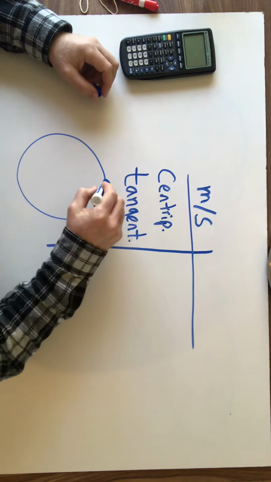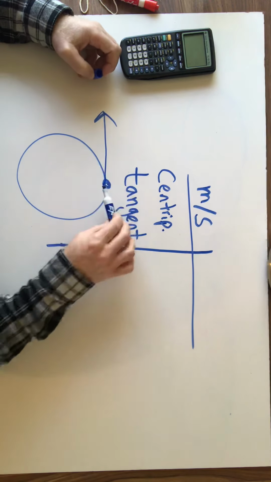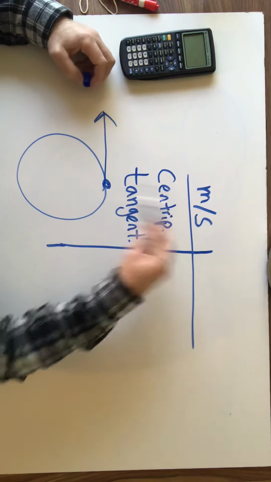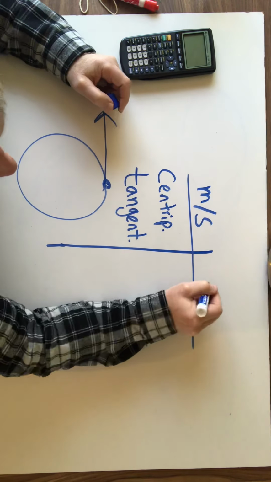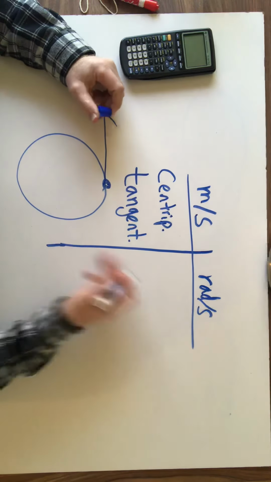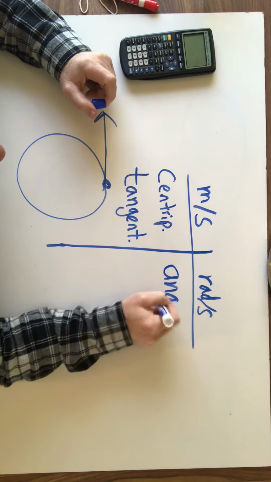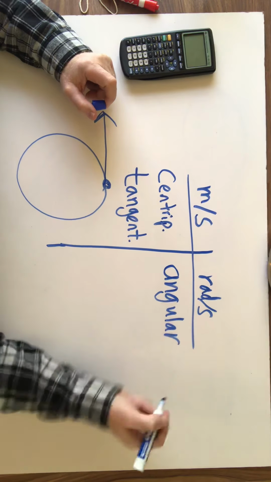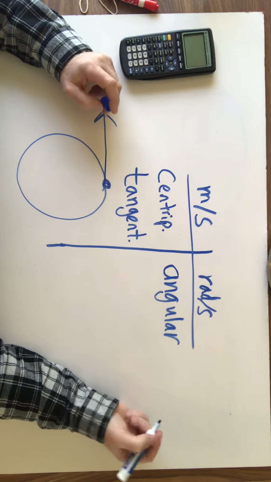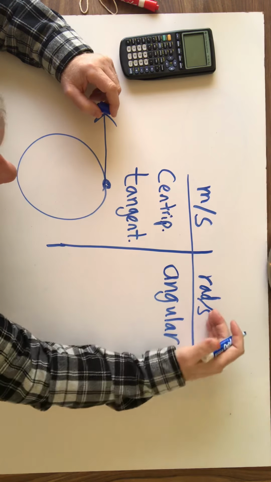Centripetal acceleration is in meters per second squared. Tangent velocity, that's how fast an object is going at an instant of time when it's going around a circle. At this instant of time, an object here is going at a tangent velocity in meters per second. So those are meters per second. Radians per second, you're going to need to figure out or calculate if you see the following words. I already used this one, angular. So angular velocity means you have to do the units in radians per second.